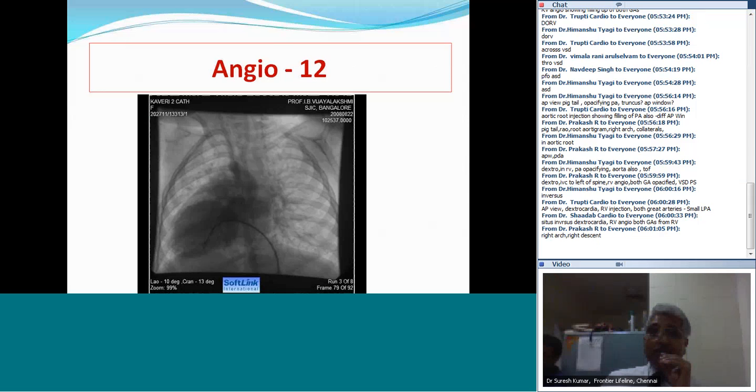So where is the catheter actually sitting? So this is an angiogram in lateral projection. Fantastic, perfect answer. Well done to you.